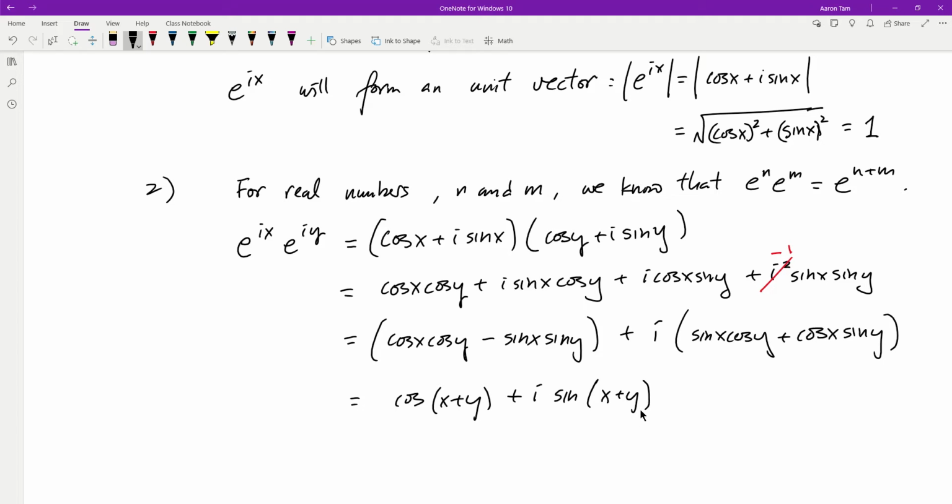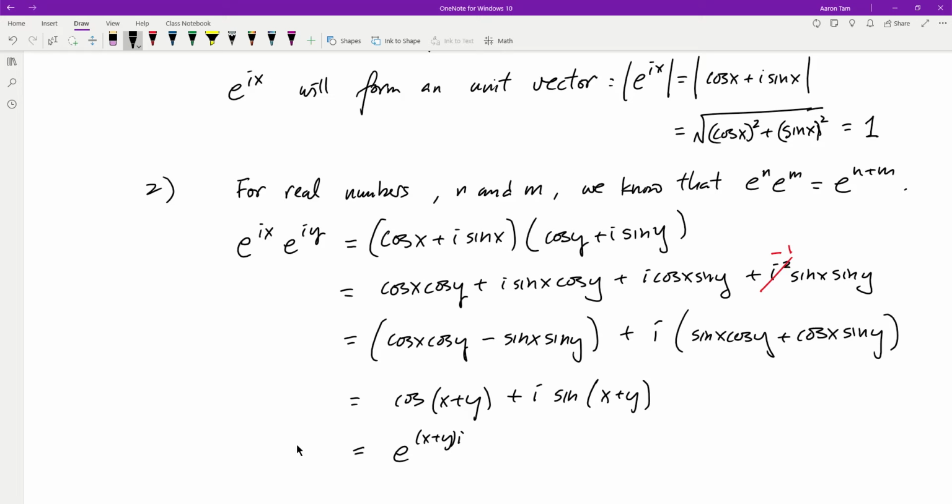So therefore, after all this combining and simplifying and using trig identities, it comes out to be cosine of x plus y plus i sine of x plus y, which, if you think about it, is the same as e to the i times x plus y.